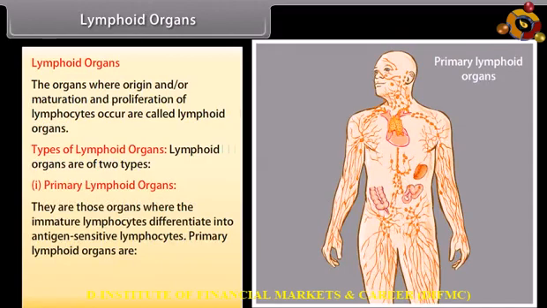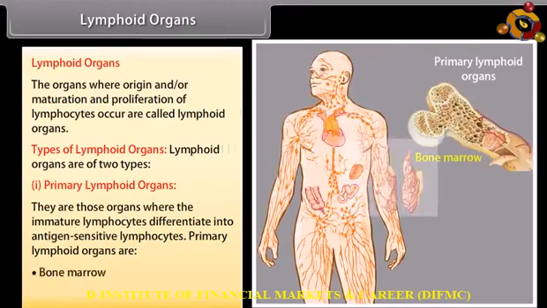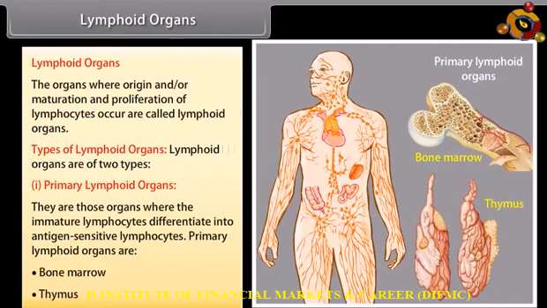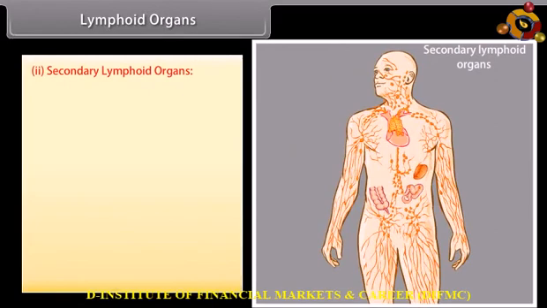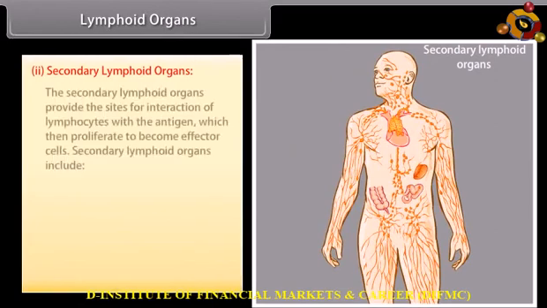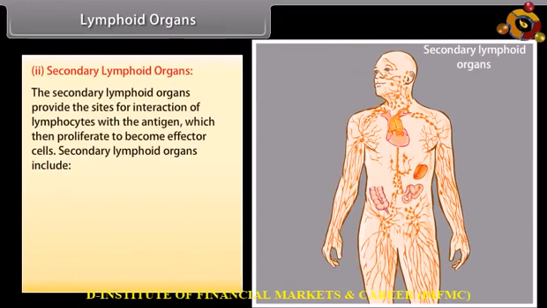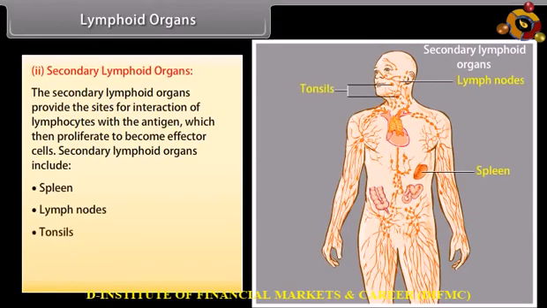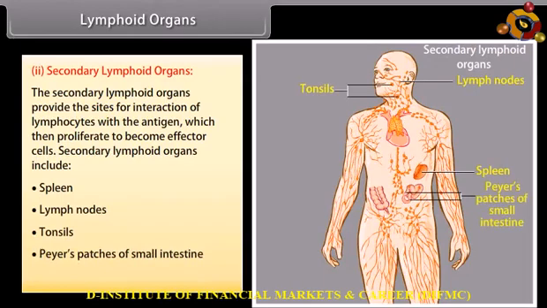Primary lymphoid organs are bone marrow and thymus. Secondary lymphoid organs provide the sites for interaction of lymphocytes with the antigen, which then proliferate to become effector cells. Secondary lymphoid organs include spleen, lymph nodes, tonsils, Peyer's patches of small intestine, appendix.